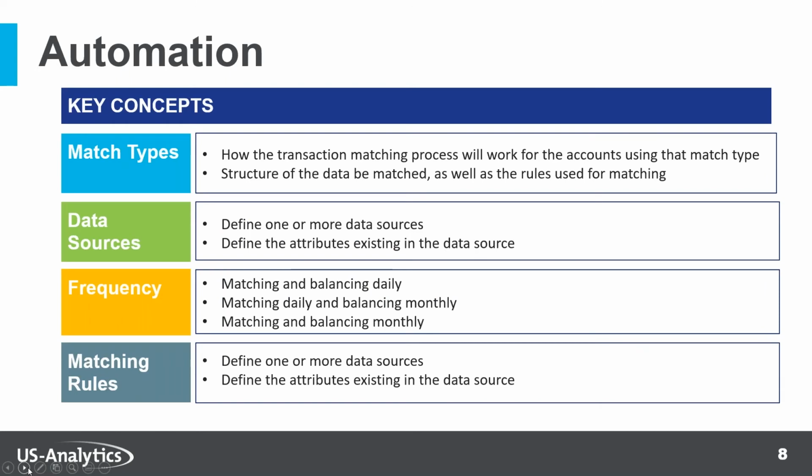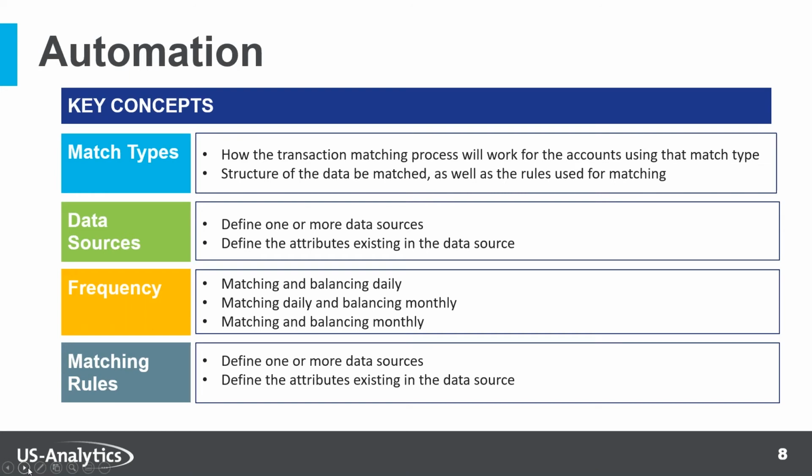So when we're talking about automation as it relates to transaction matching, basically how the transaction matching process works for the accounts is based on the match types that you set up and the attributes. The structure of the data can be matched, as well as you add in the rules.